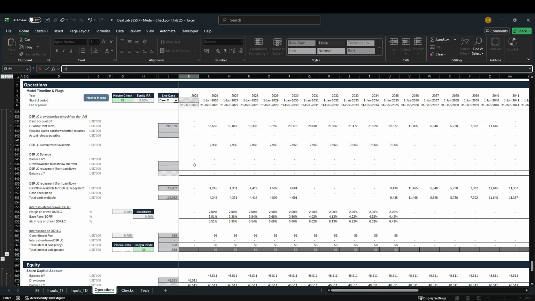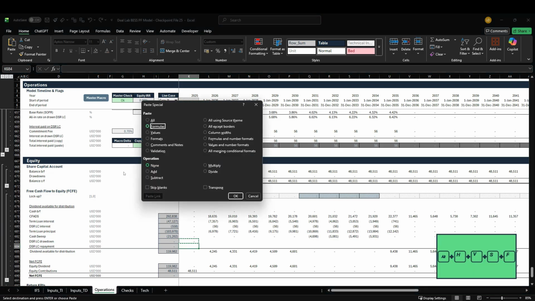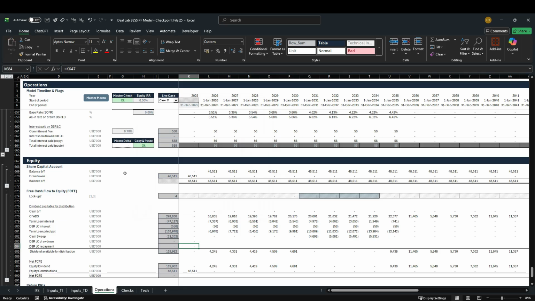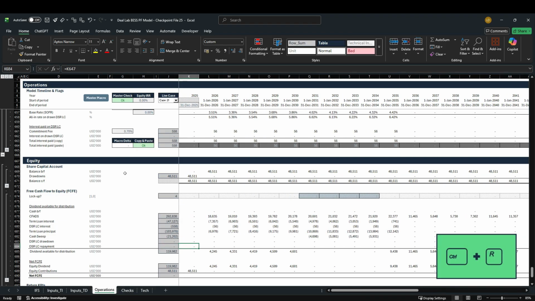So I think we shouldn't be required to flip any signs. So let's pick up 646 for the drawdown and then copy this, paste special formulas for our repayment as well. Let's drag all of this over and then we will test it.